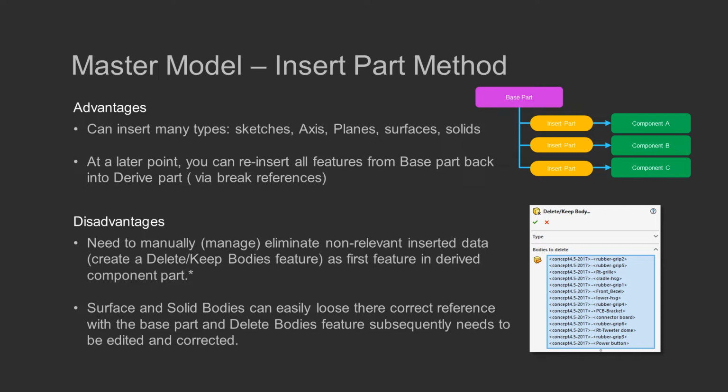And so when significant changes happen in the master, you'll have to go back to this delete bodies feature, edit it, and then reassign to the correct body. At least that's my experience. So just wanted to point that out, that it is the most versatile, but maybe less reliable than the other methods.